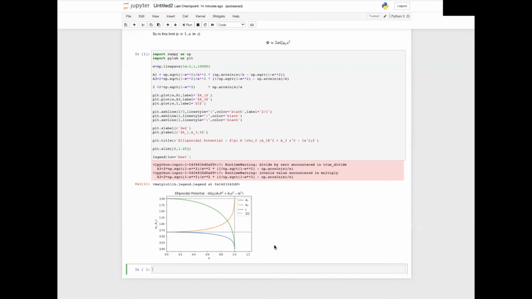So let's see how this solution goes from a spherical to a flattened distribution. Basically, what is happening to these coefficients as we flatten the distribution. So in the x-axis here, you have the eccentricity, and in the y, the value of the coefficients A1, A3, and I. So the blue curve here is A1, the yellow curve is A3, and the green one is I. What you're seeing here is A1, which is multiplying the radius, is starting as 2/3, just like the same coefficient for A3, if the distribution is spherical.